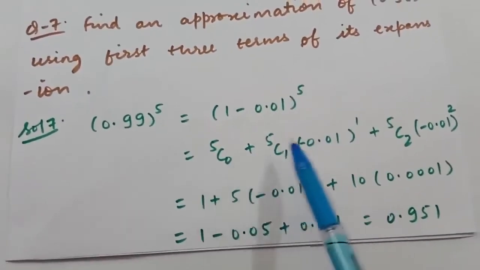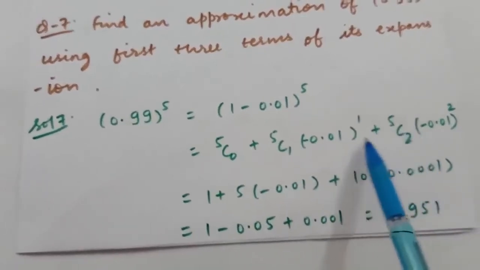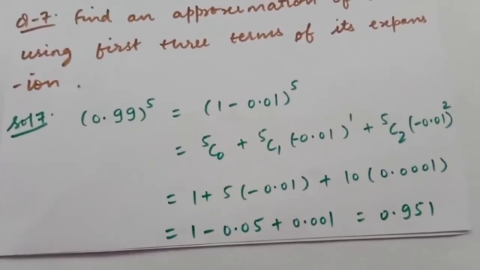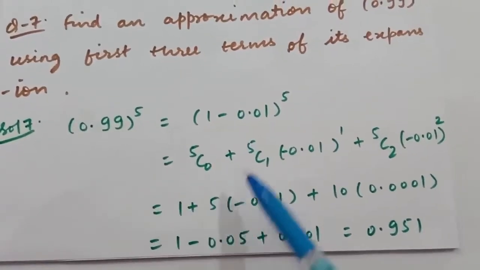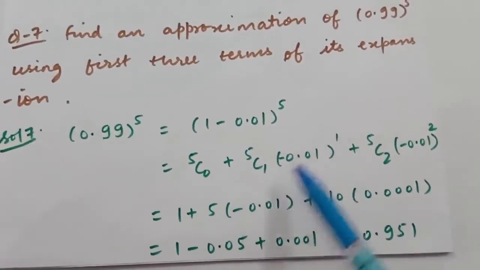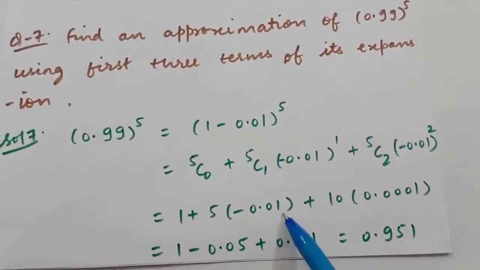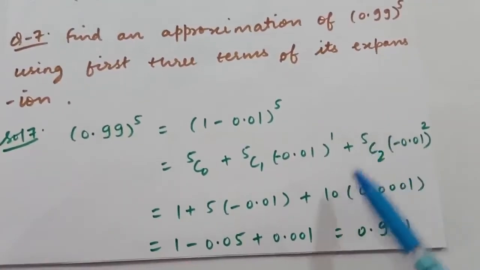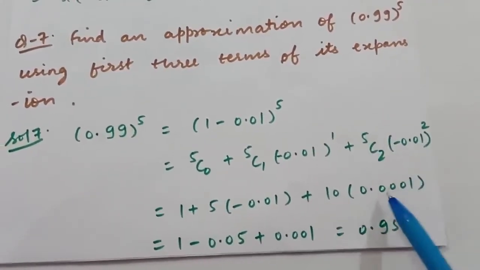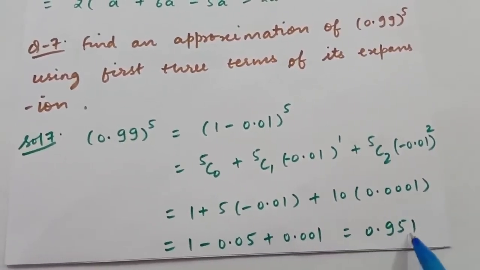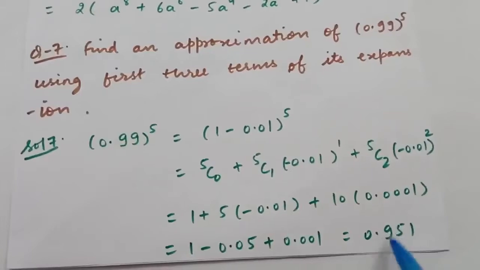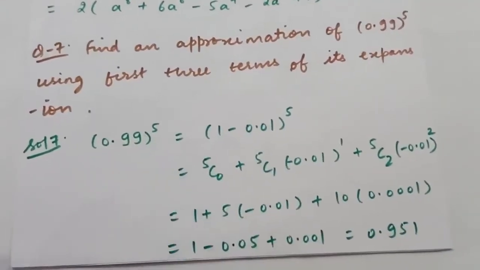Now take just first 3 terms, which are these, right? So value of 5c0 is 1 plus 5c1 is 5 into minus 0.01 plus 5c2 is 10 into square of this. So when you will solve it, you will get the answer as 0.951, which is the approximation value of this. Okay. Now question number 8.